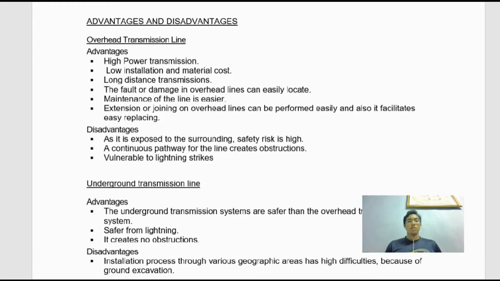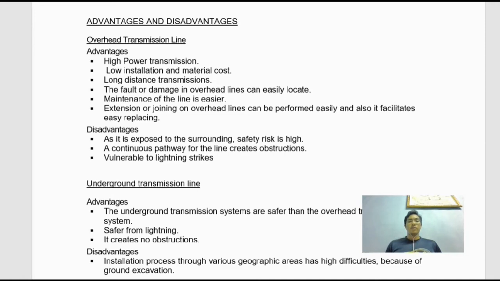It can also make a long distance transmission. A fault or damage in an overhead line can be easily located. The maintenance of the line is easier, and the extension or joining on an overhead line can be performed easily, and it also facilitates easy replacing.